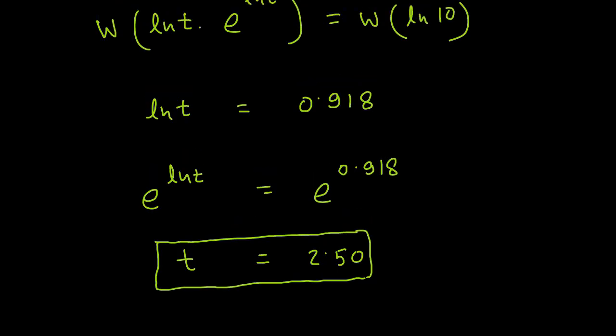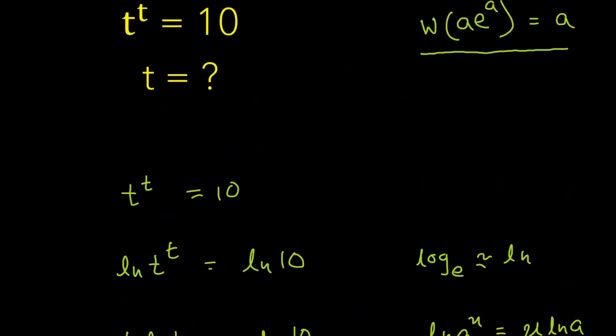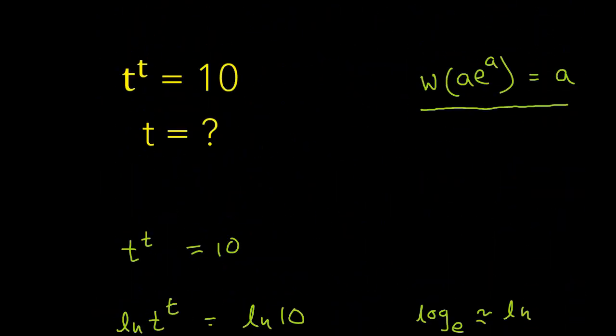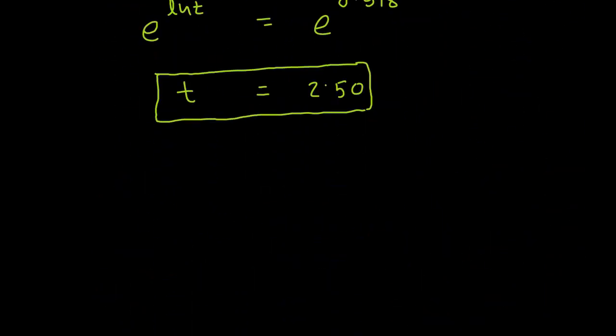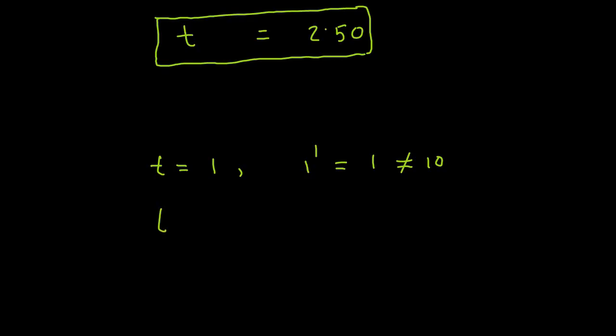Now we can check the given equation, t to the power t equals 10. If we have t equals 1, we have 1 to the power 1 equals 1, which is not equal to 10. If we have t equals 2, we have 2 to the power 2 equals 4, which is not equal to 10.